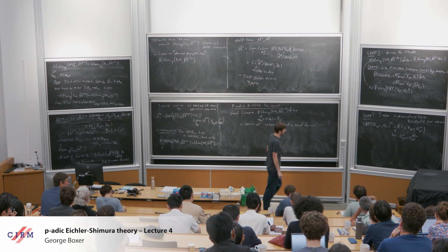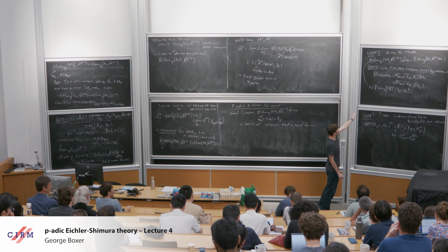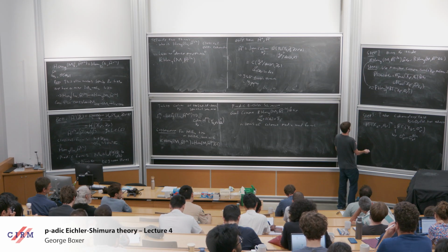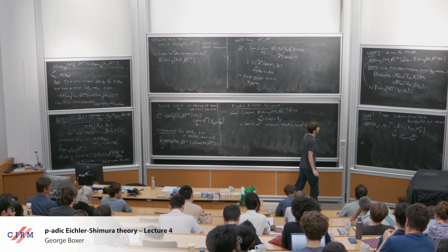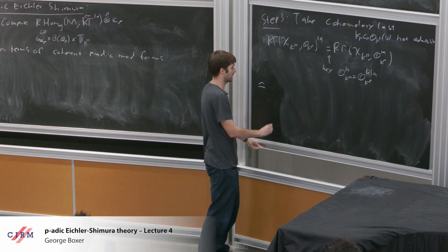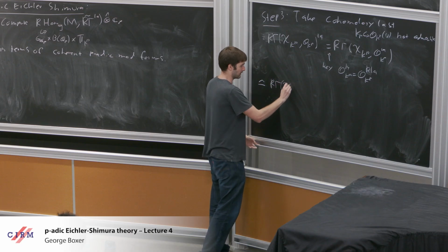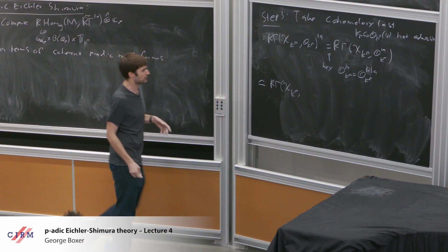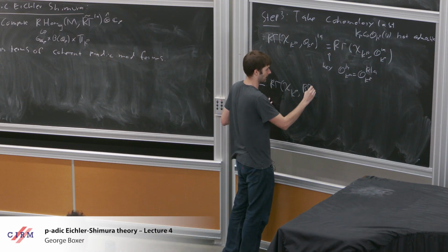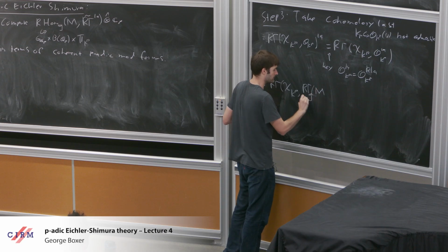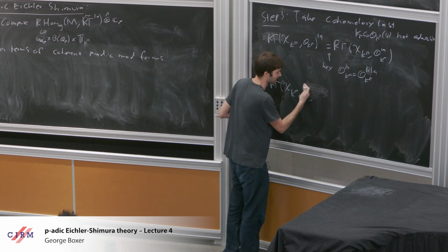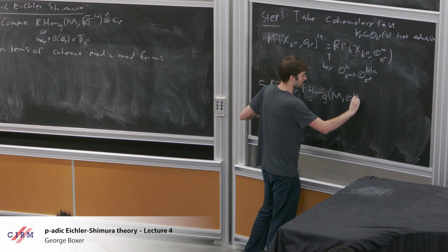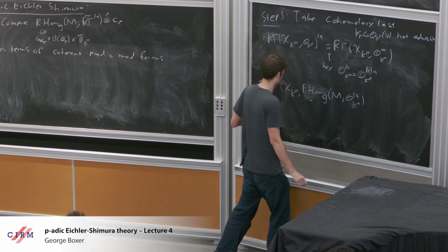Okay. And so then we'll do the same thing with this, and so let me just write the final formula, which will be that the thing that we're trying to compute is now isomorphic to, so we take cohomology as a last step, and it's with coefficients in some sheaf, which involves first taking R Hom_G(M, O_LA), okay?